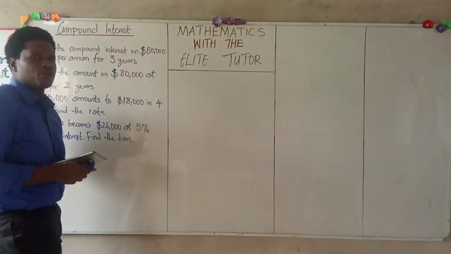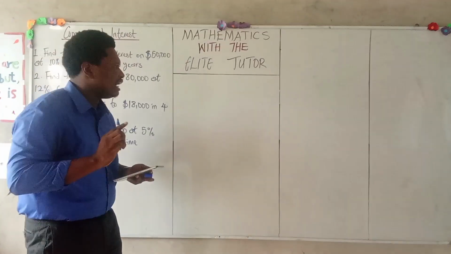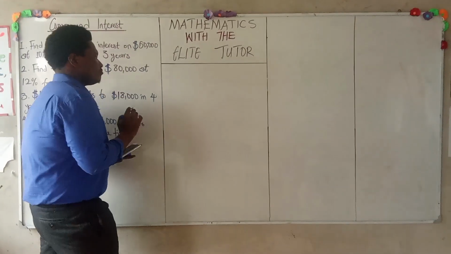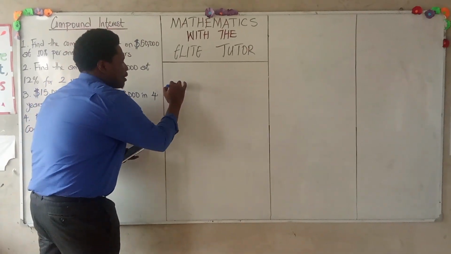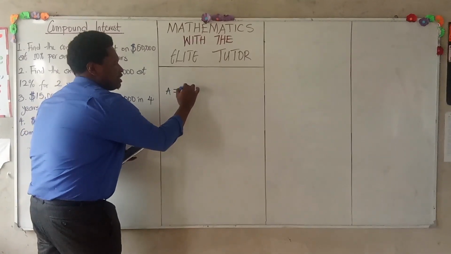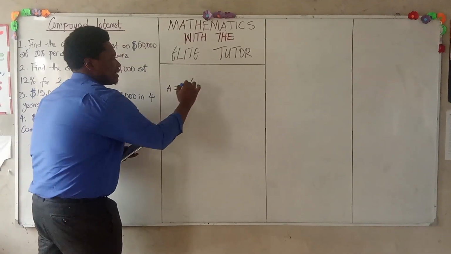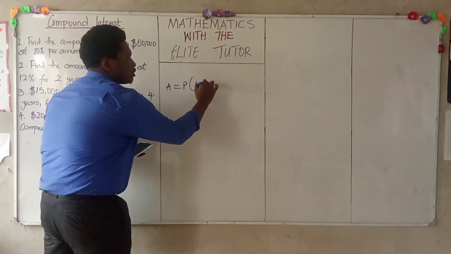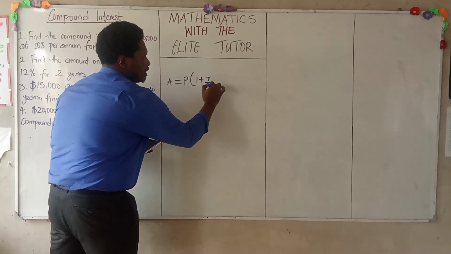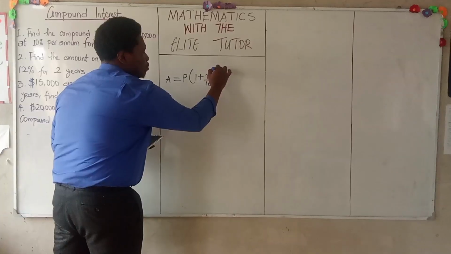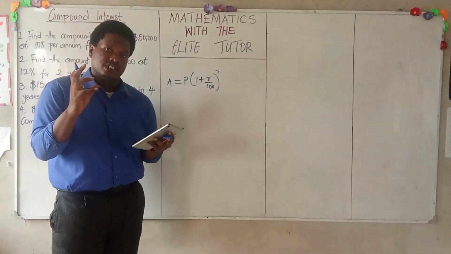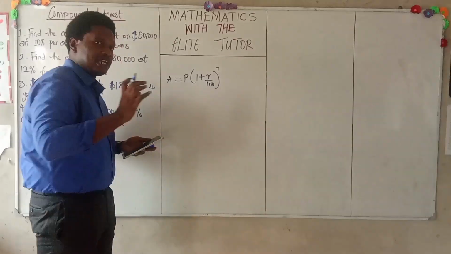Now, before solving the following questions, I would like to show you the formula for compound interest. We have that the amount is equal to P, bracket 1 plus R over 100, raised to power T. When solving compound interest, we make use of this formula.